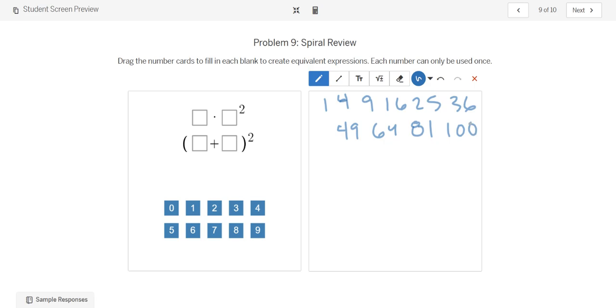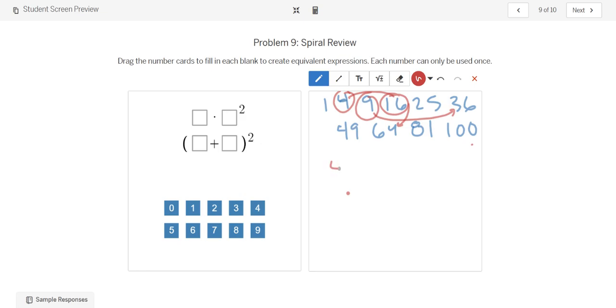And so I can see that if I multiply something by a perfect square, 4 can get me to 16. 16 can get me to 64. Heck, 9 can get me to 36. 25 and 4 can get me to 100. And so there's lots of different ways to do this one.